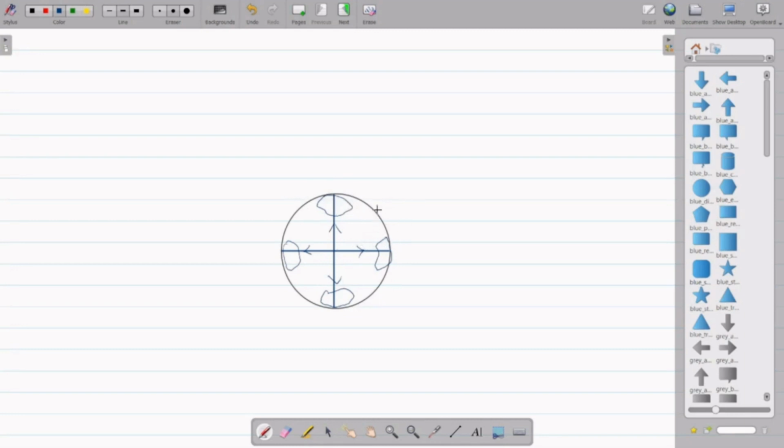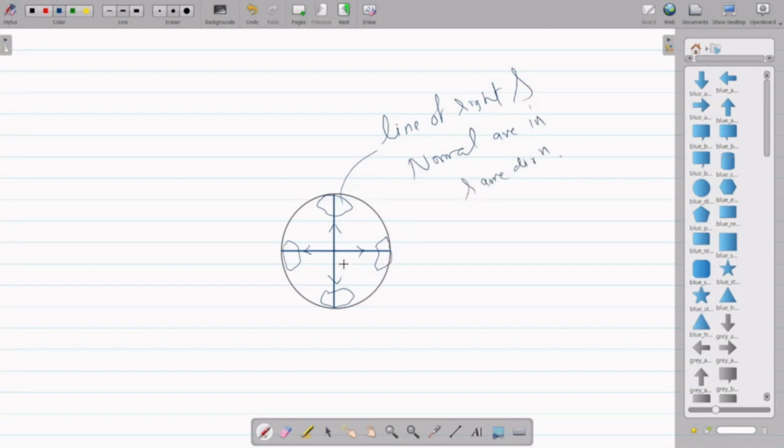So here we can say that both line of sight and normal are in the same direction, right?